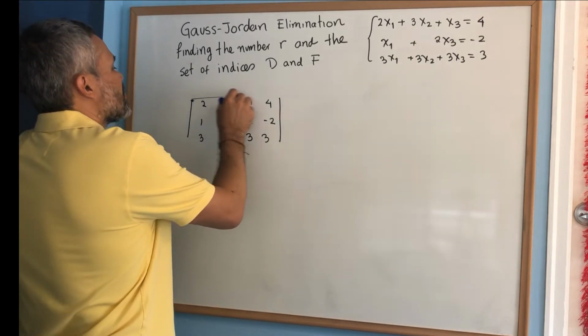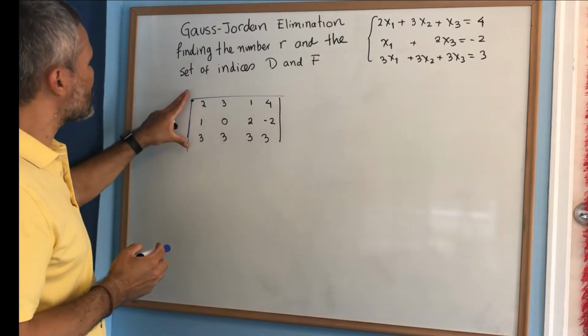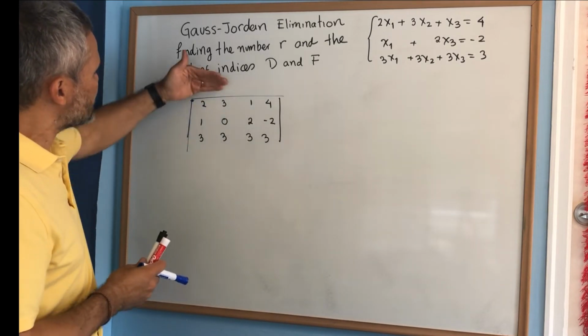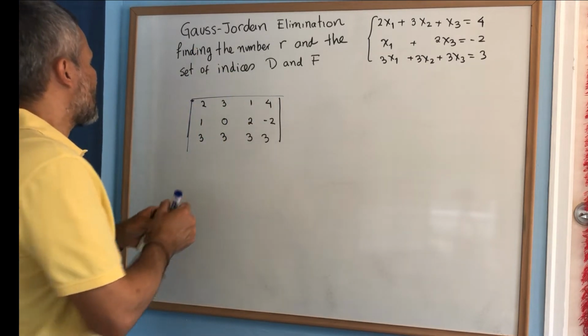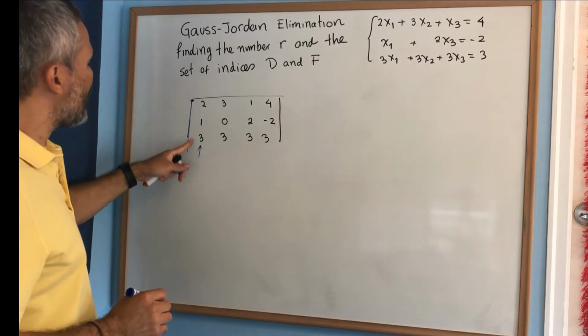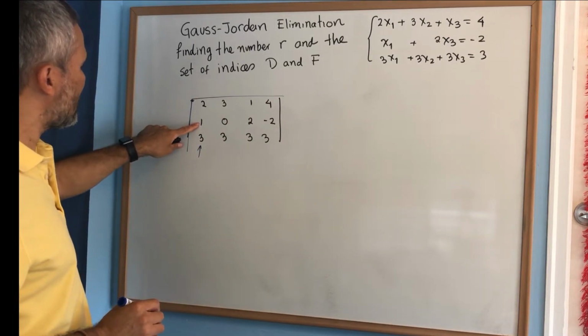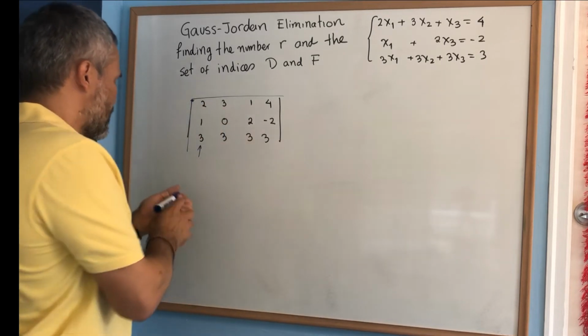You draw a horizontal line and a vertical line, and then you look for the first column of the matrix that is below the horizontal line and to the right of the vertical line, in this case this column, and we look for a pivot, and I think this is a good choice for a pivot. Then let's swap these two rows.